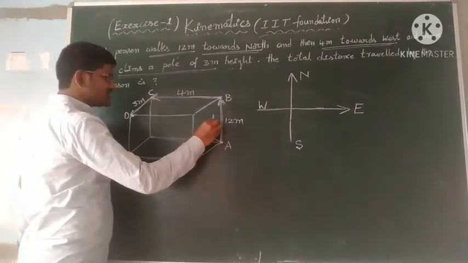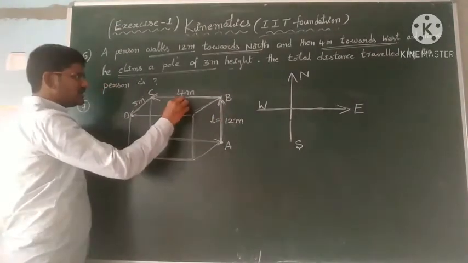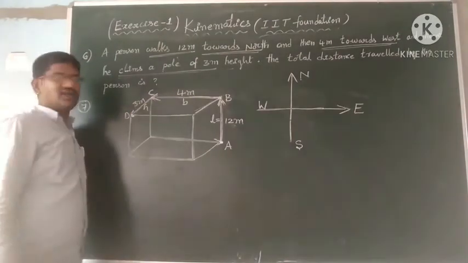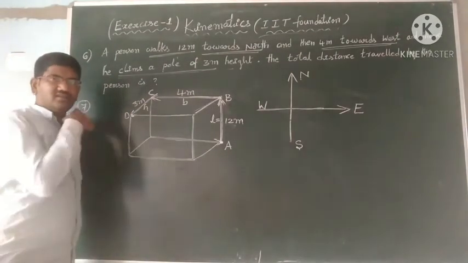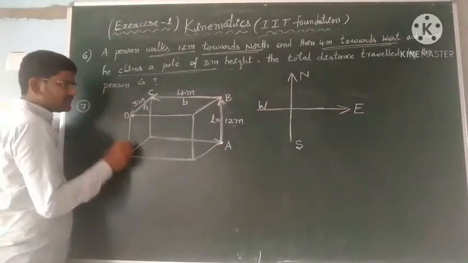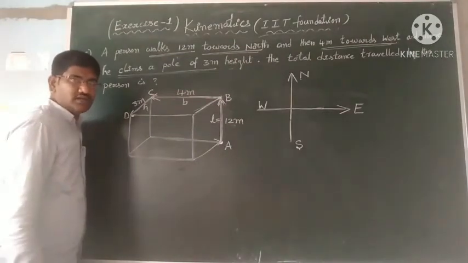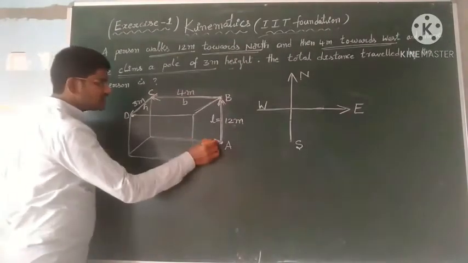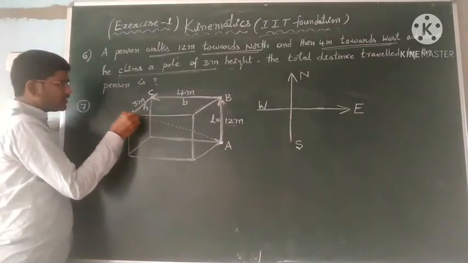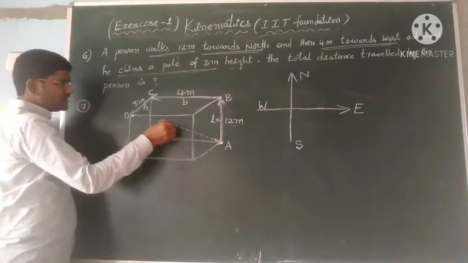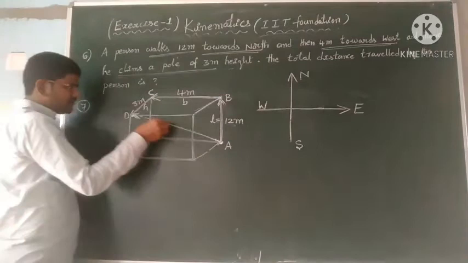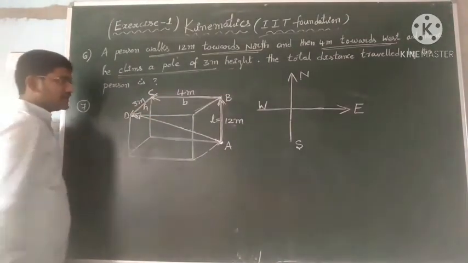If we consider this is the length, this is the breadth, and this is the height, like LBH, then the diagonal of the cube is the displacement. So this is the initial point and this is the final point. We know the definition of displacement: the line joining the initial point to the final point is called displacement.